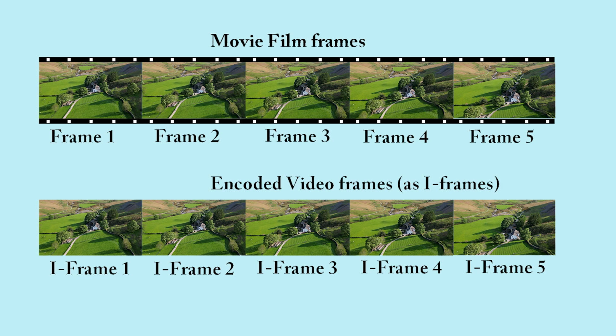Usually these individual images are compressed using a bit of software called a codec to reduce storage space. Each image could be encoded as a complete record of the scene at the instant of time it was captured, just like the images captured on movie films. In the video world, individual complete images are referred to as iframes.